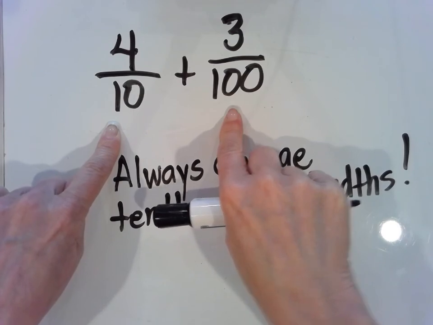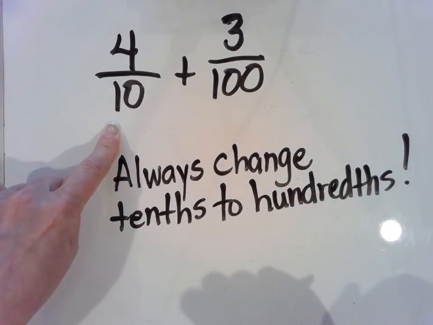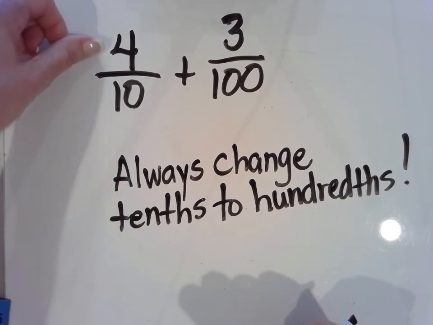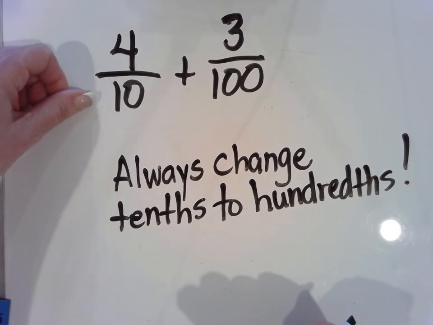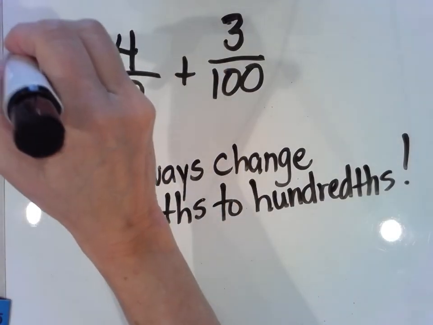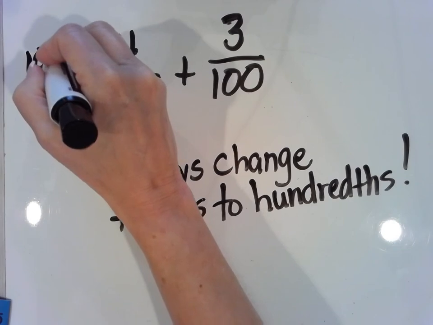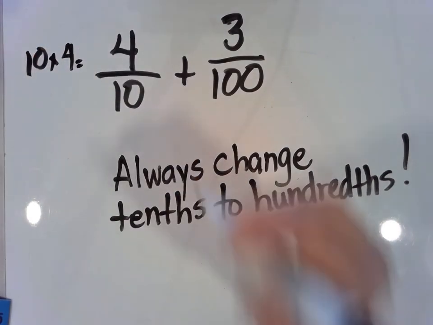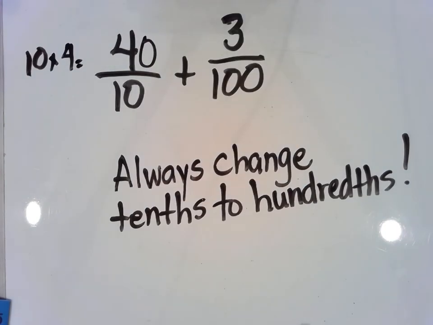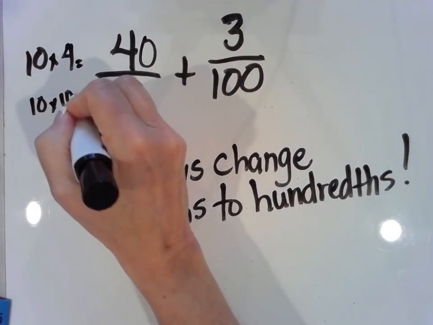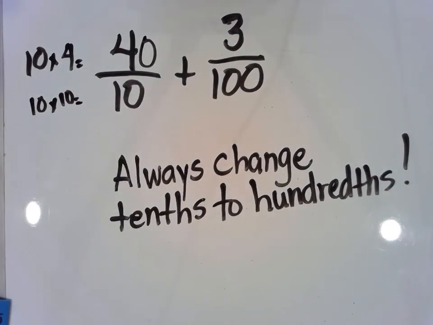And remember, the way that we did that is by multiplying the numerator and the denominator times 10. So if I come up here and do the numerator first, what is 10 times 4? That equals 40. And what is 10 times 10? That gives me 100.